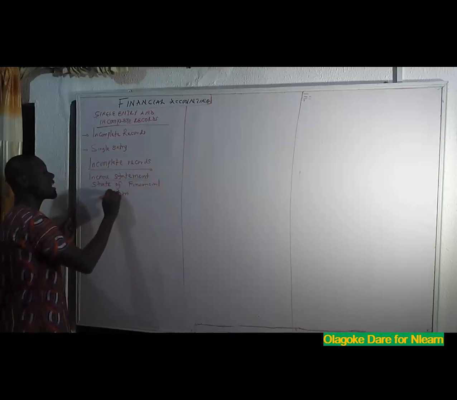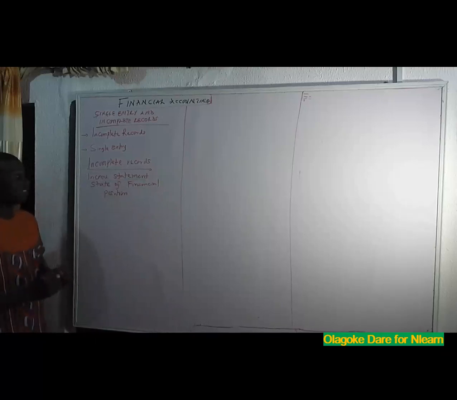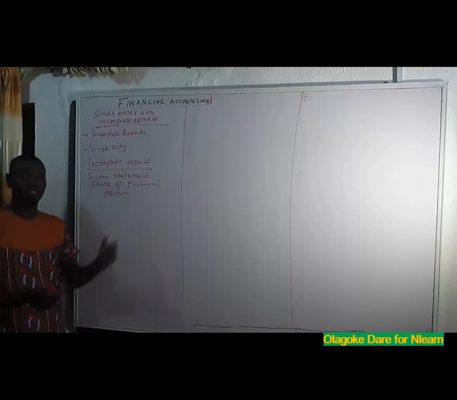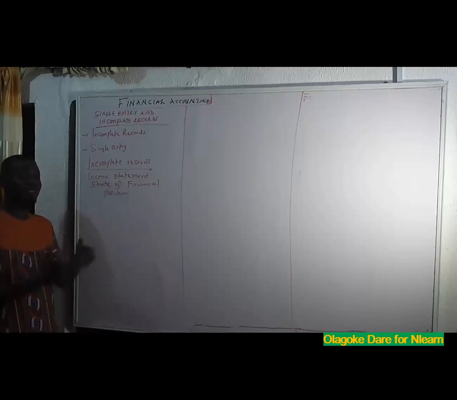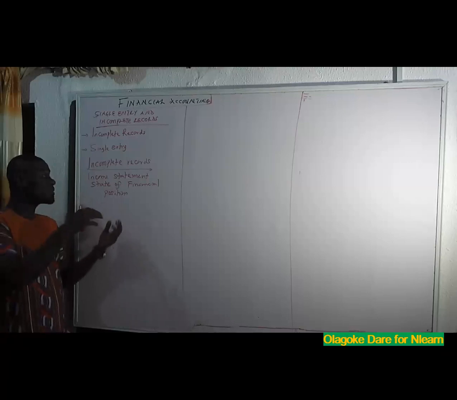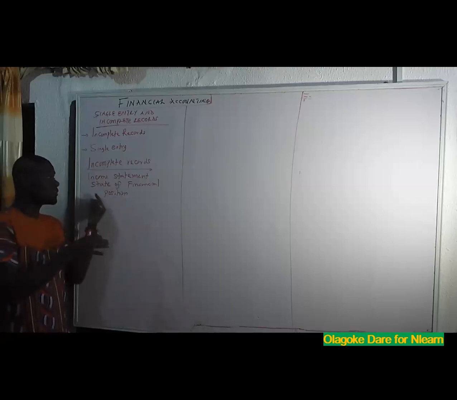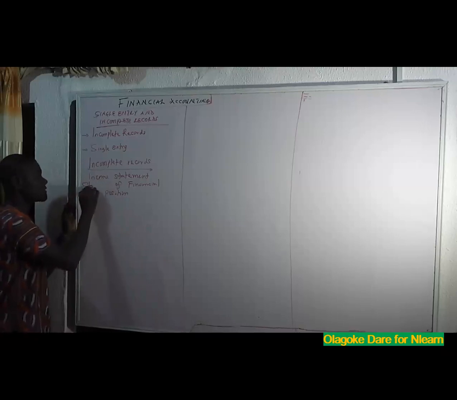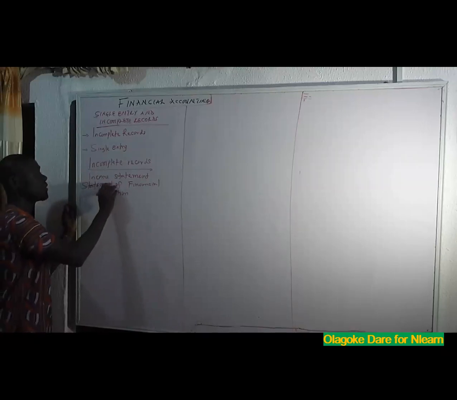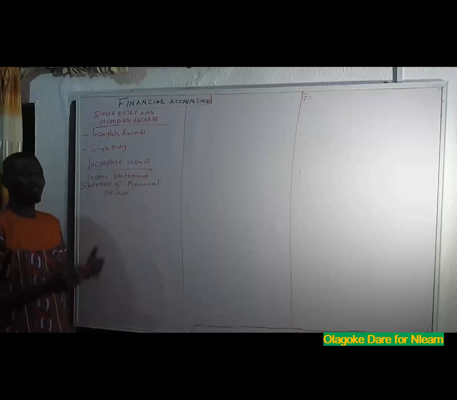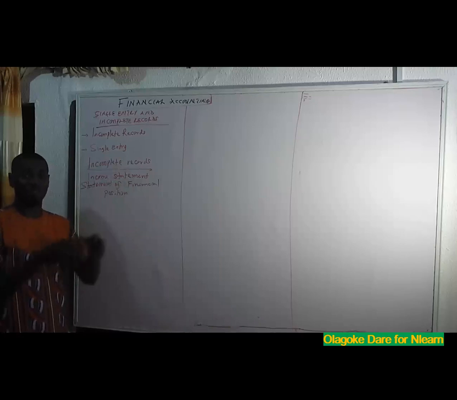If it is difficult for you to pick transactions to get your income statement, which is your profit or loss account, or to determine the statement of financial position of the business, that means the records are incomplete. So under incomplete records, what are the features?